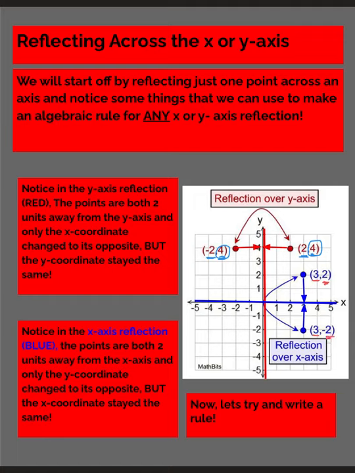So when I reflected over the x-axis, the x's stayed exactly how they were, and the y values became the opposites. So again, when you're reflecting over the y-axis, the y coordinates will stay the same, and the x values become the opposites. When you reflect over the x-axis, the x values stay the same, and the y's become the opposite.